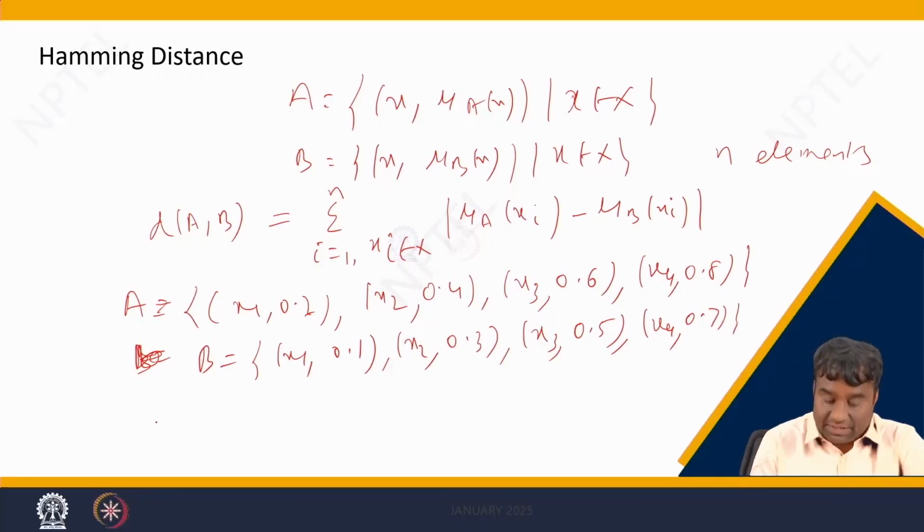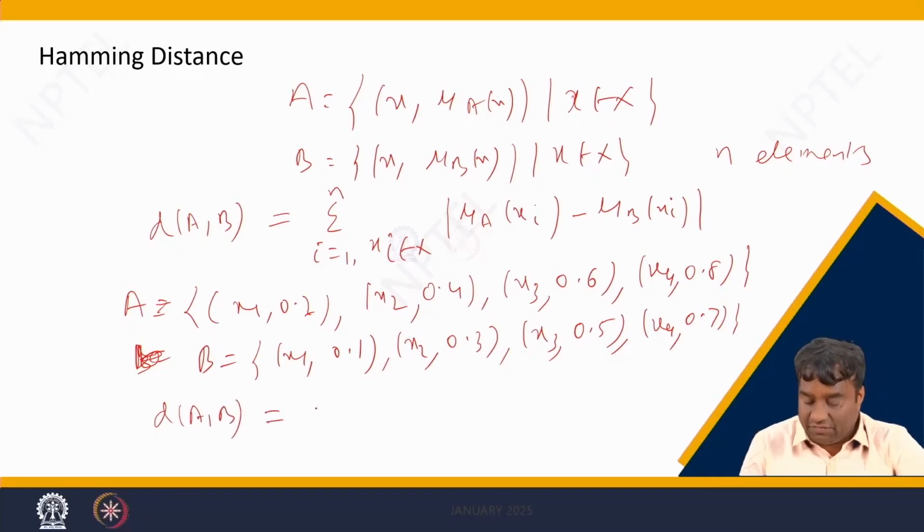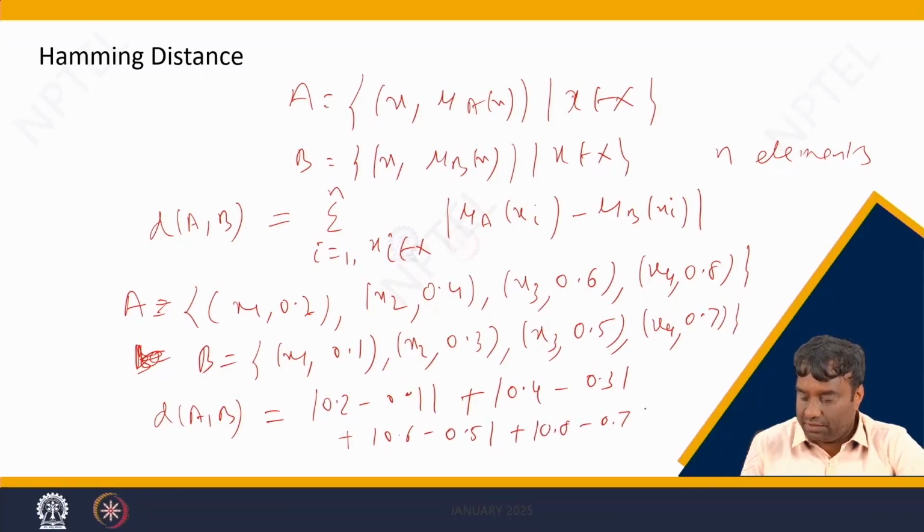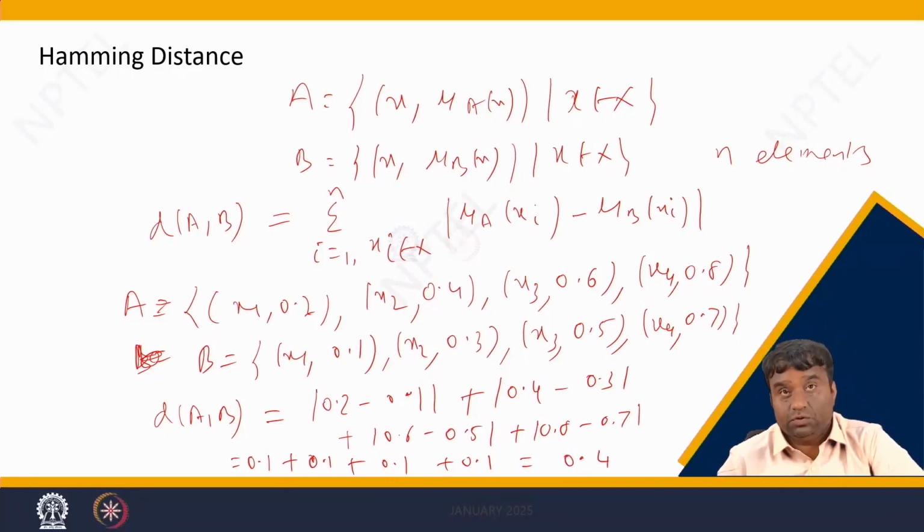The Hamming distance between these two fuzzy sets is mod of 0.2 minus 0.1, plus mod of 0.4 minus 0.3, plus mod of 0.6 minus 0.5, plus mod of 0.8 minus 0.7. So you will get 0.1 plus 0.1 plus 0.1 plus 0.1, so that is 0.4. So the Hamming distance can be defined between these two fuzzy sets.